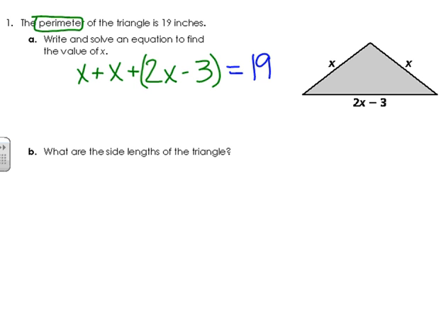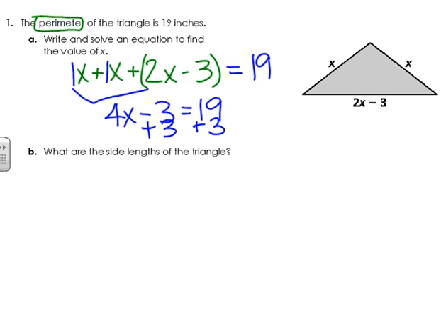Now we need to combine like terms. 1x plus 1x plus 2x is 4x. Bring everything else down. Now it's just a two-step equation. We're going to add 3 on both sides. That gives us 4x equals 22.